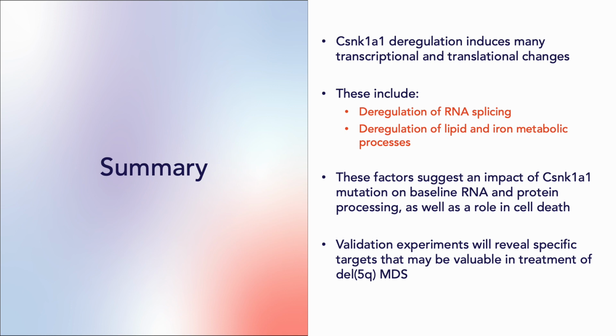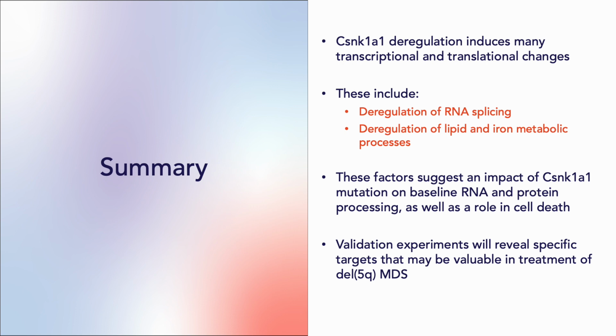So to conclude, casein kinase 1A1 deregulation in del(5q) induces many transcriptional and translational changes that we're able to measure in this data. And this includes deregulation of RNA splicing and deregulation of lipid and iron metabolic processes, which may be really key in the process of clonal expansion and also treatment resistance in del(5q).